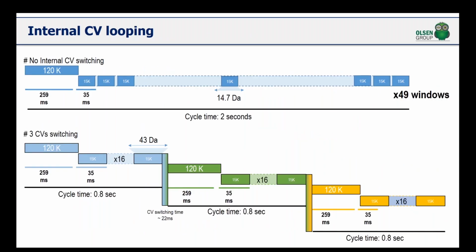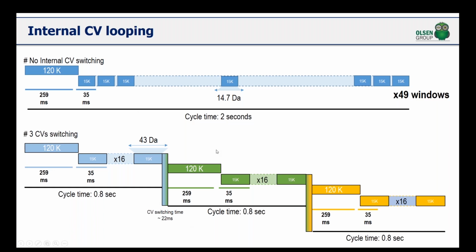And of course, for that, we have to make a number of compromises. When we switch between 3 different CVs on the fly, we have to cut down on the number of windows and the window widths for the DIA scan cycle time.